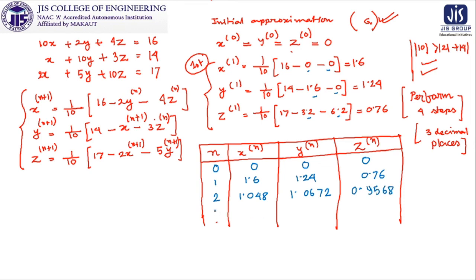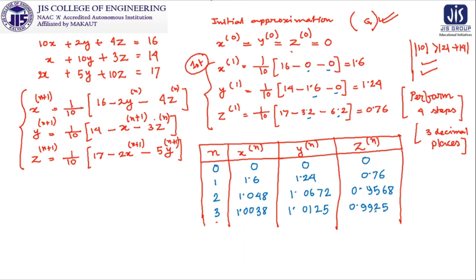And if we proceed further for one more step, we will get 1.0038. The next one is 1.0125, and the next one is 0.9925.